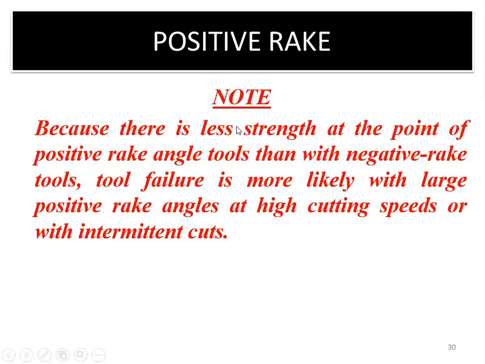This is the note which we have discussed, that less strength of positive rake angle can give tool failure at high speeds as well as at intermittent cuts. Intermittent cuts are cuts with jerks, or where you are varying the speed.